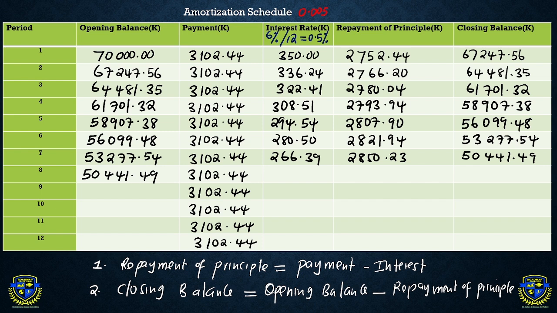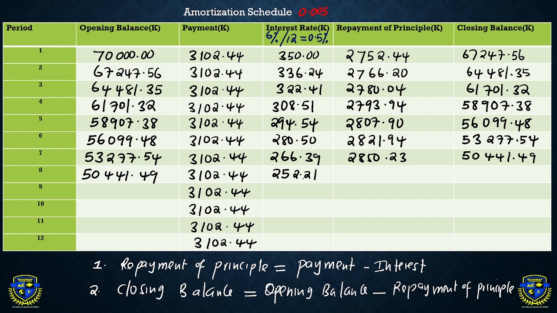Now 50,441.49 multiplied by 0.005, which is our interest there. This is going to give us 252.21.